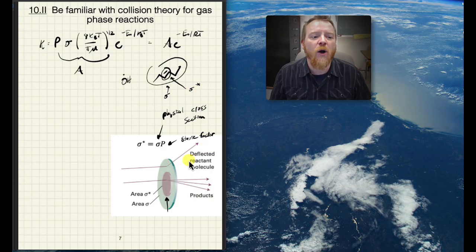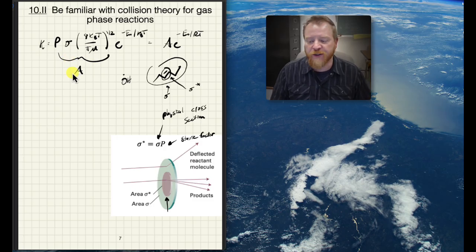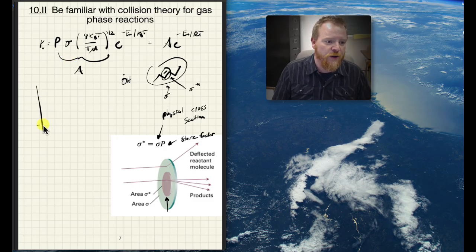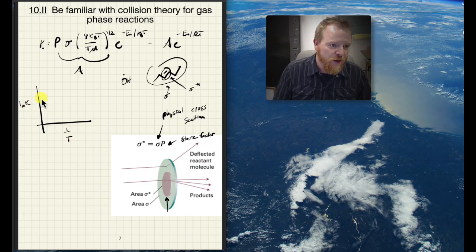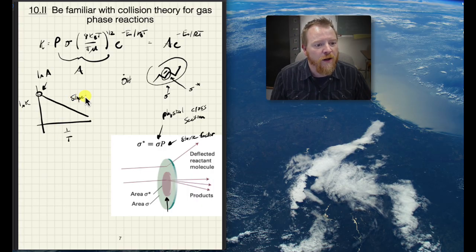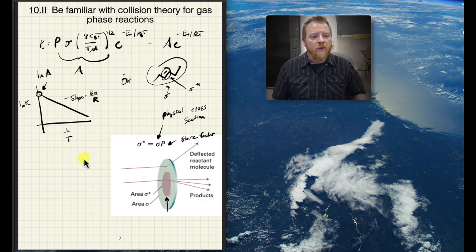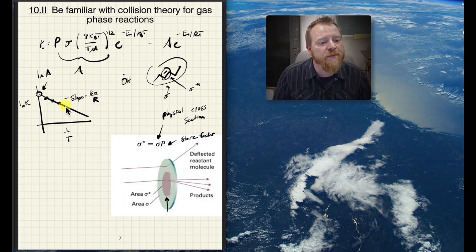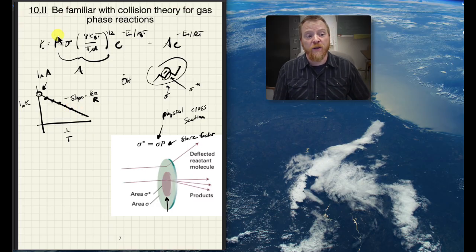And so when we go to measure the frequency factor in a real experiment, if we go natural log of K versus 1 over T, we know that the intercept of that line will give us the frequency factor. And the slope, of course, negative slope, will be equal to EA over R. So if we do this for a real experiment, that steric factor will inherently be a part of our experiment. We've got no way of teasing that out.